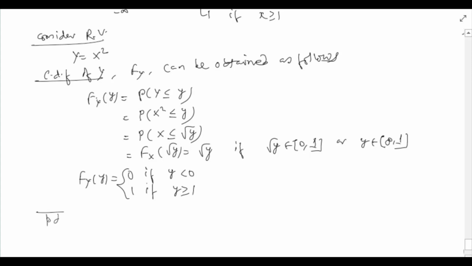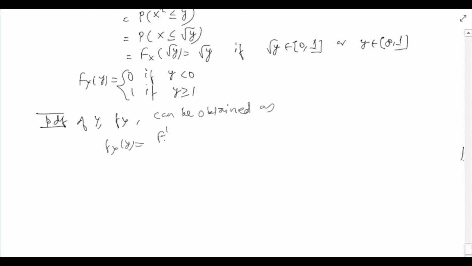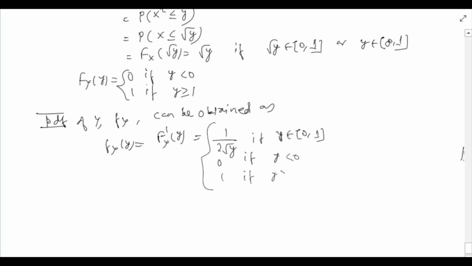So the PDF of Y, let's say small f_Y(y), is the derivative of capital F_Y(y), and this turns out to be equal to 1 over 2 root y if y is in 0, 1. It's 0 if y is less than 0 and 1 if y is greater than or equal to 1.